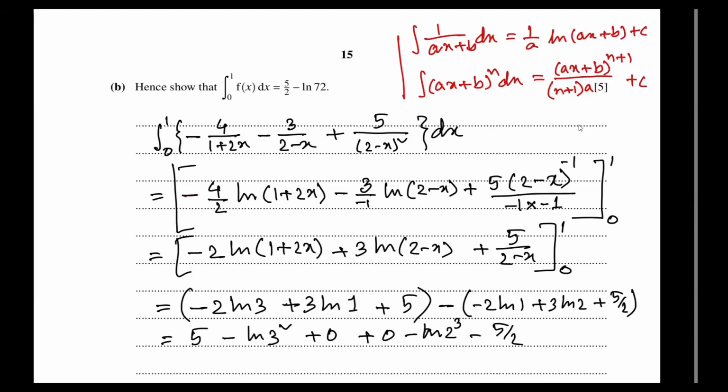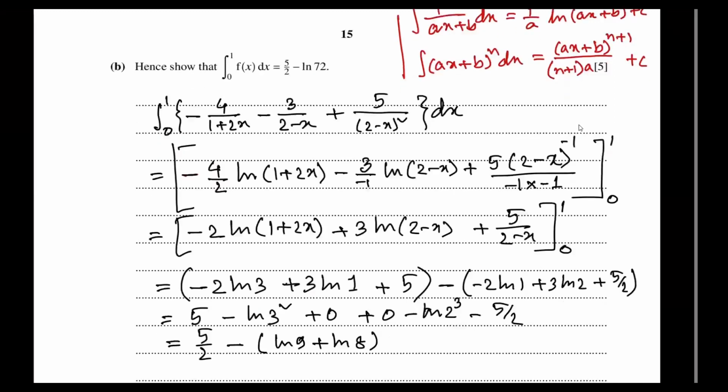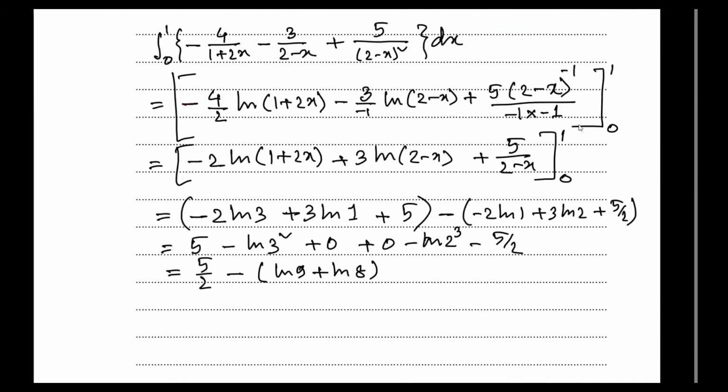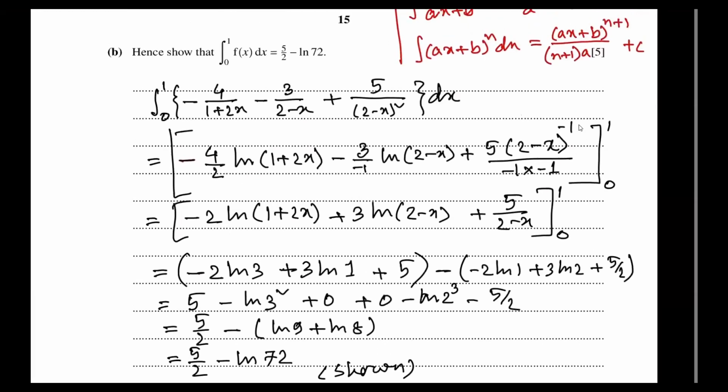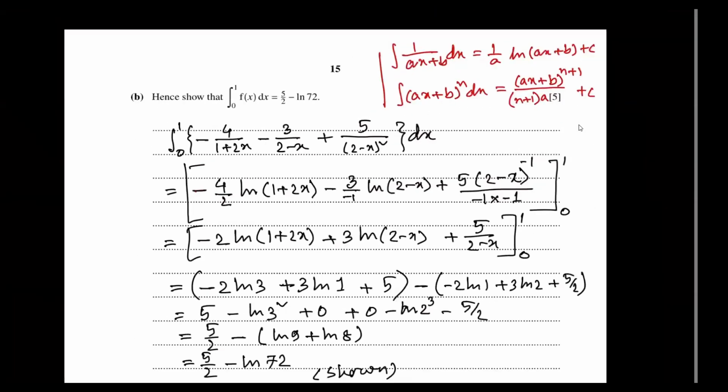Now 5 minus 5 by 2, that's 5 by 2, minus ln 9 minus ln 8. So let's take the minus common. If you convert into a single ln, 5 by 2 minus ln of 9 into 8, that's 72.